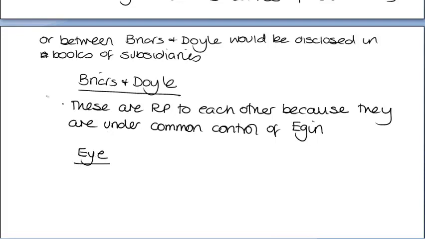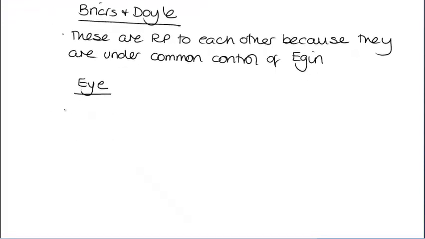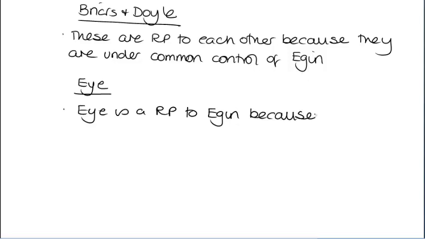We then come to the issue of I. I is a related party to Egin because I is an associate.